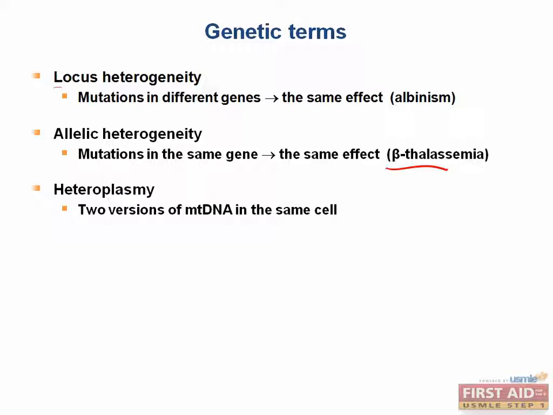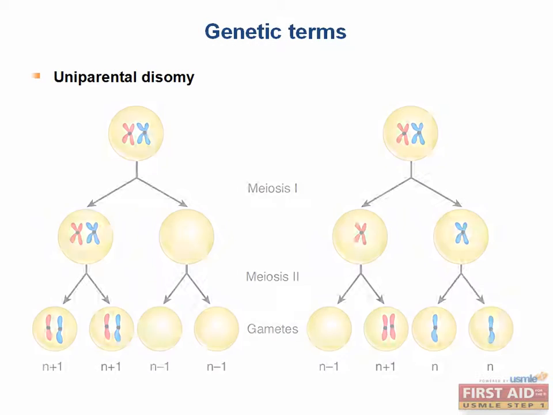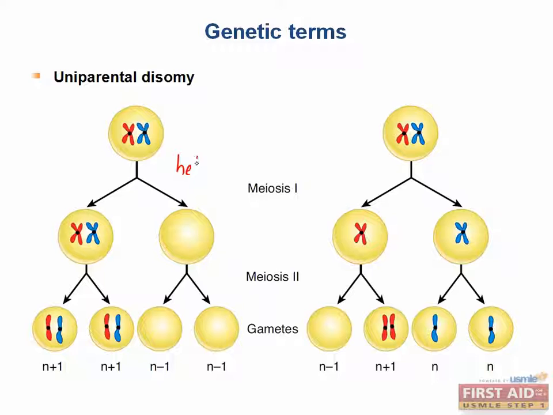This can result in variable expression of an inherited mitochondrial disease, depending on how many cells get how much of the mutant DNA. Our last term is uniparental disomy, which occurs when an offspring receives two copies of a chromosome from one parent and no copies from the other parent. There are two types, heterodisomy and isodisomy.